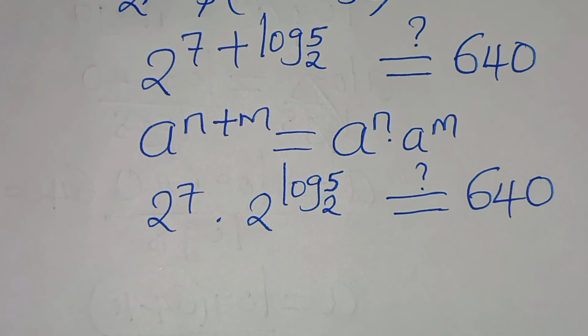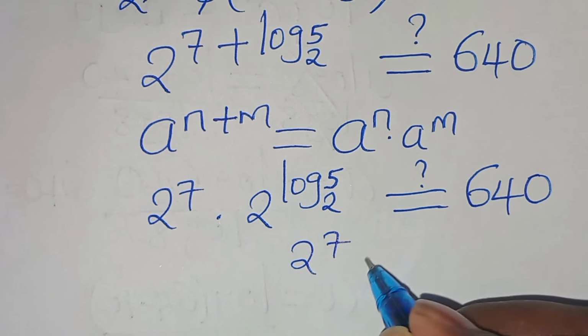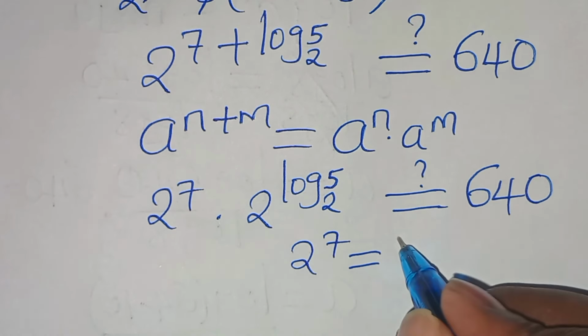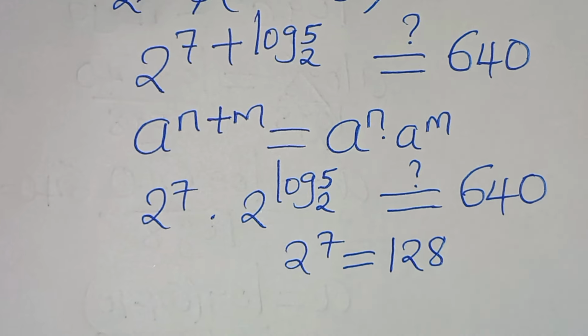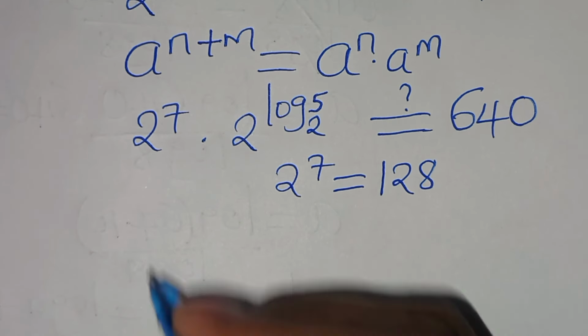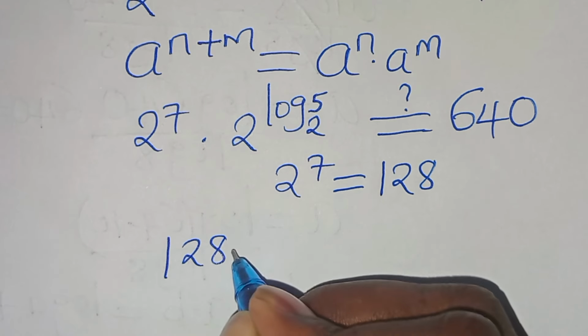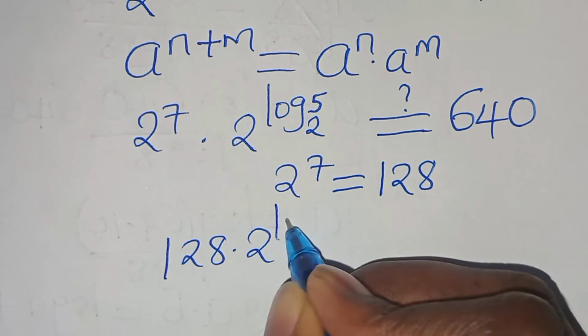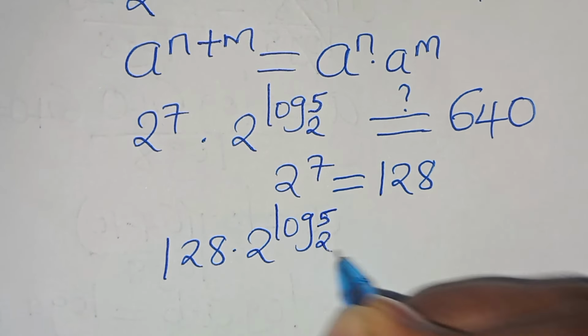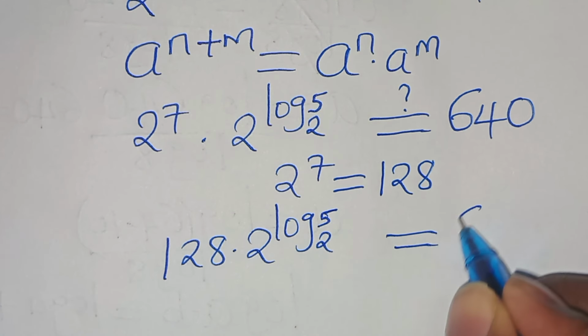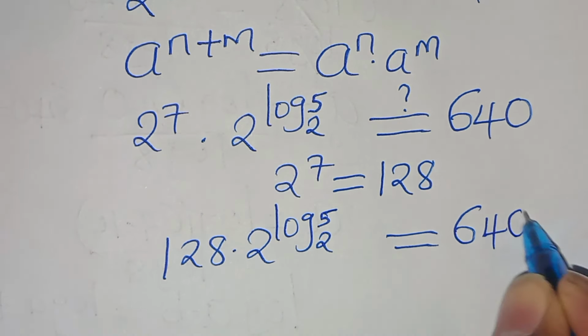Now, 2 to the power of 7 is the same thing as 128. So we have 128 times 2 to the power of log 5 to base 2. This is supposed to give us a value of 640.